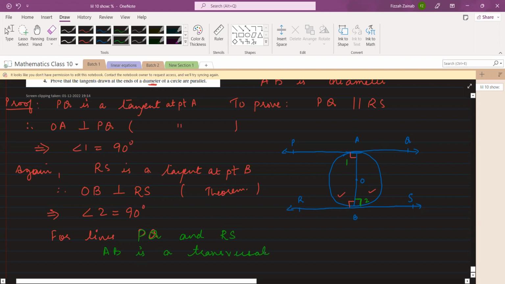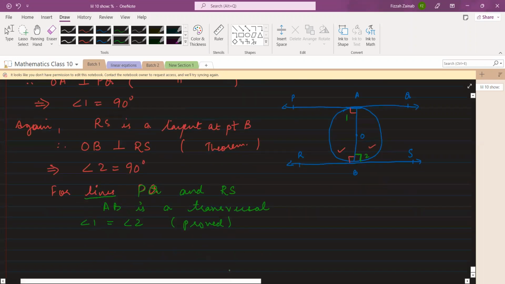I'm writing only lines, not parallel lines. I have to show that they are parallel. So for lines PQ and RS, AB is a transversal and angle 1 is equal to angle 2, right? Proved.